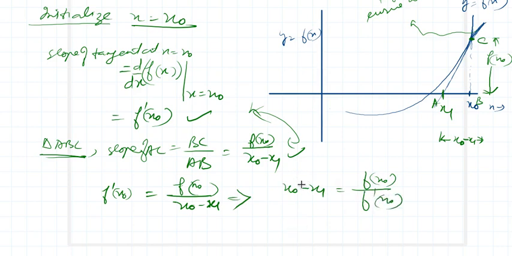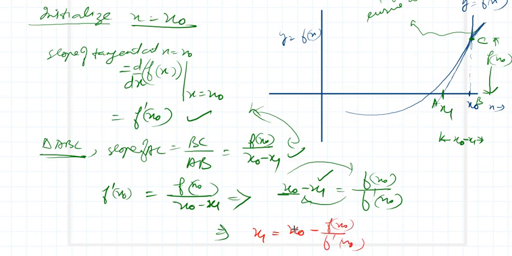I am interested in finding x1, and I know x naught because it is chosen by me. So bring this to this side and that to the other side. So x1 is equal to x naught minus f of x naught over f prime of x naught.